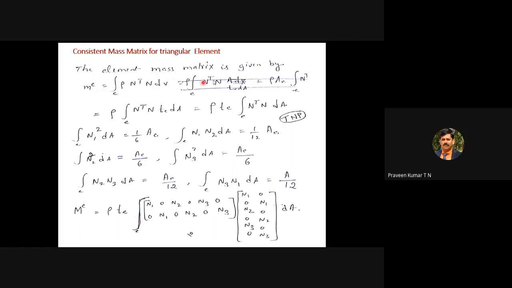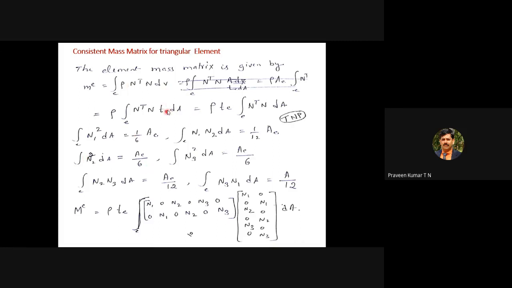The general formula for the mass matrix is the elemental integration of rho N transpose N into dV. For the triangular element, dV is given by t into dA because you are considering the thickness.